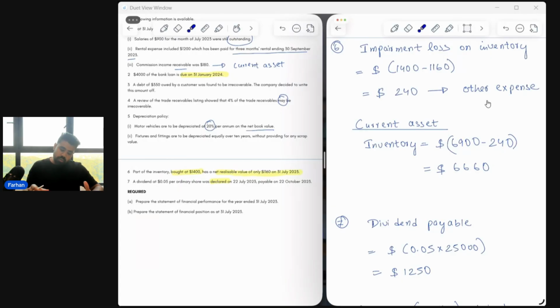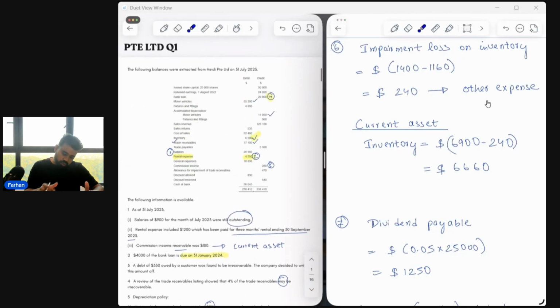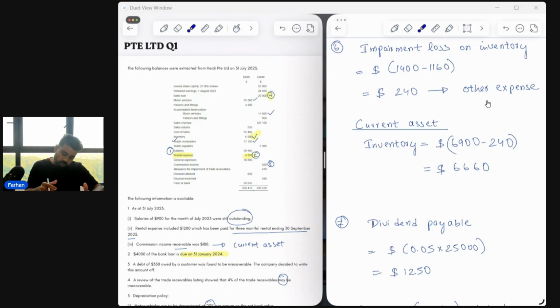So the total amount for inventory is going to be 6,900, which is given here in the list, which included that portion that we need to remove. So that would be minus 240, which would leave us $6,660 as the inventory value.